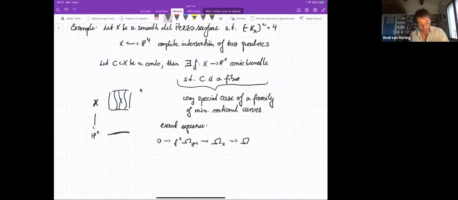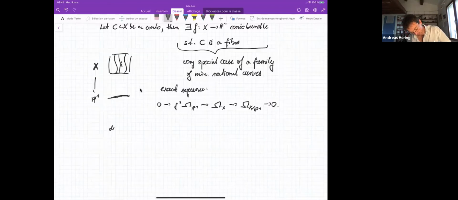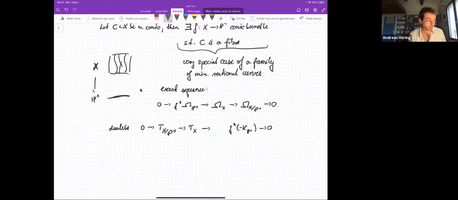Now you dualize, and so you get the relative tangent sheaf, which is in TX, and then here you have the pullback of minus K_P1. Remembering yesterday, you always have to take also this ideal sheaf corresponding to the singularities. So here we get some extra contribution.